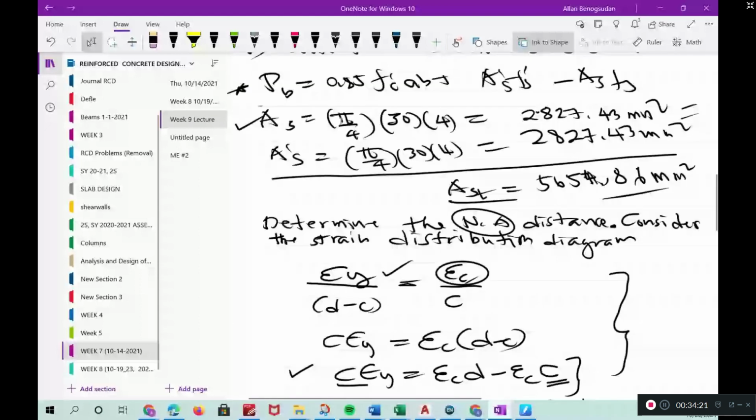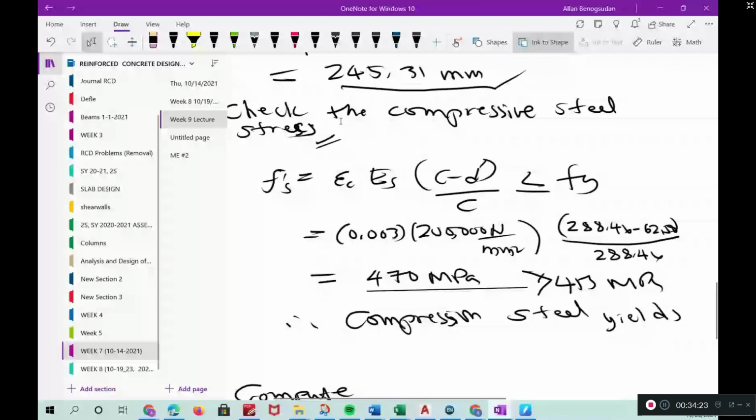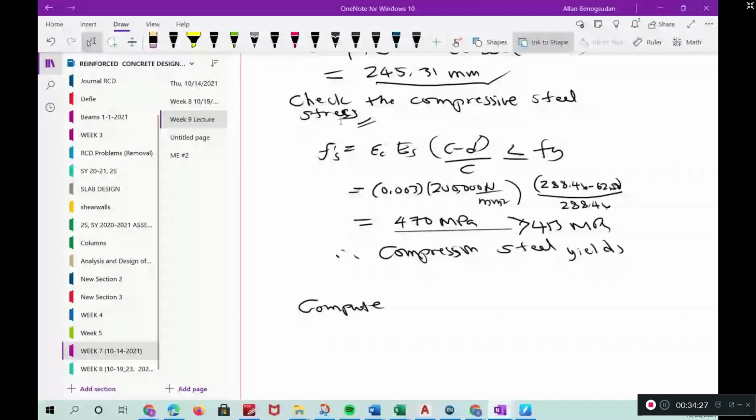So, ito po yung ibig niya sabihin. Okay? So, with that, i-reinforce ba natin using ties para makapasok siya sa tension or compression zone? Ano ba yung maganda?